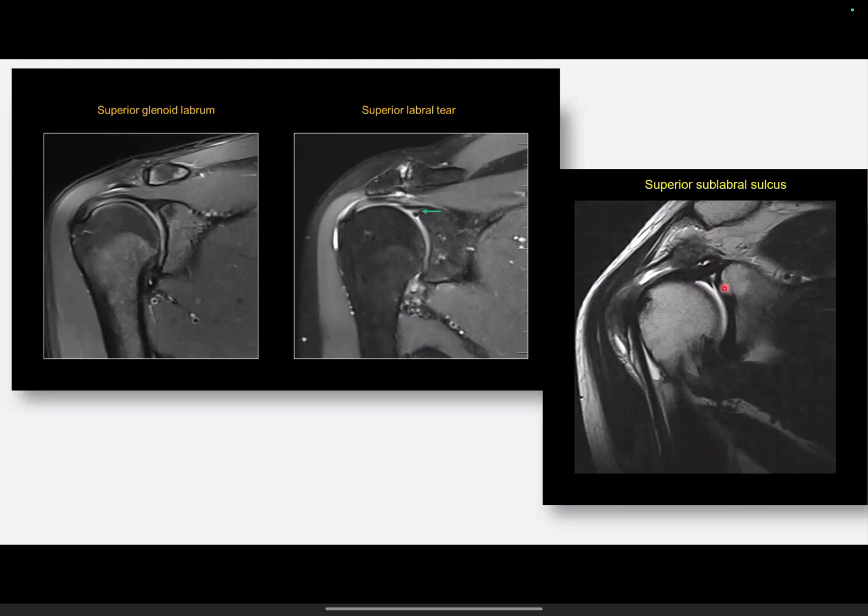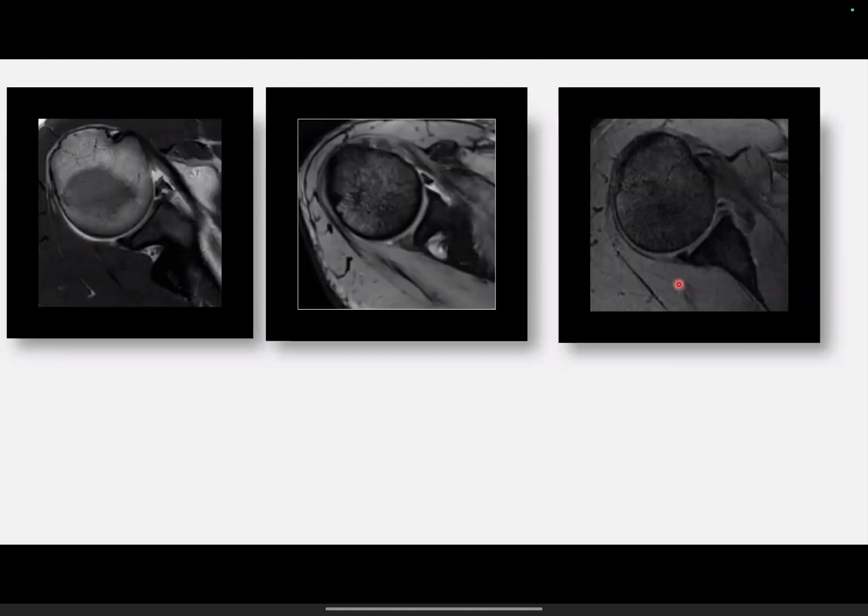Superior sublabral sulcus is commonly seen at the 11 to 1 o'clock position. If you are seeing any tear in the anterosuperior region from 11 to 3 o'clock position, before calling it a tear, you should think twice, because most of the anatomical variants are situated in the anterosuperior quadrant, like a superior labral sulcus seen at 11 to 1 o'clock position.